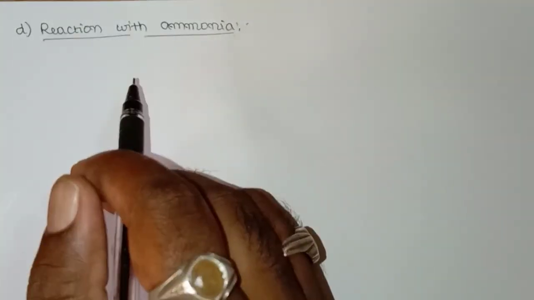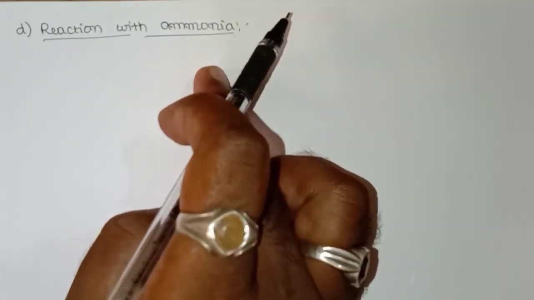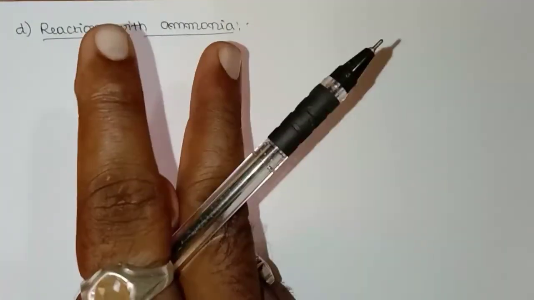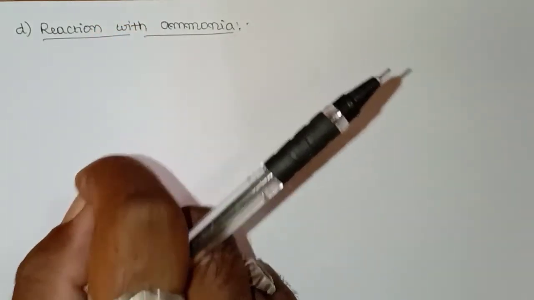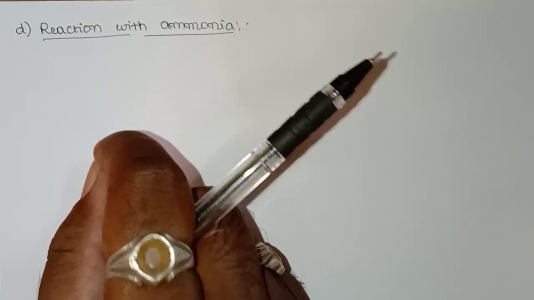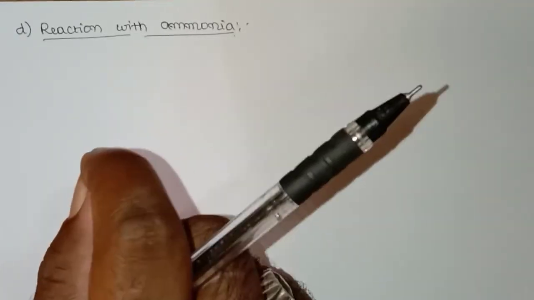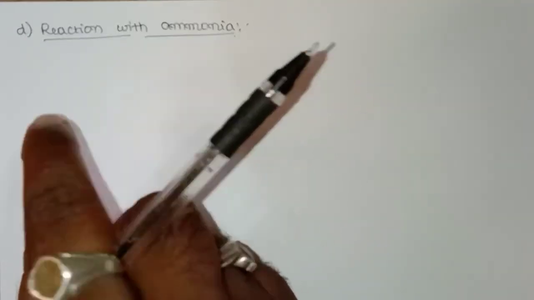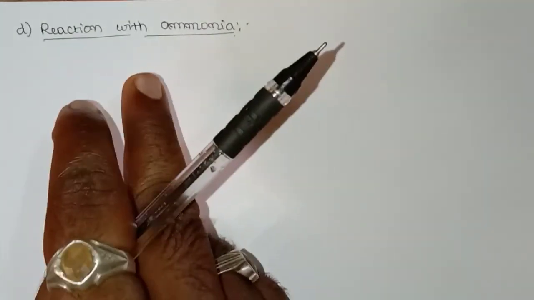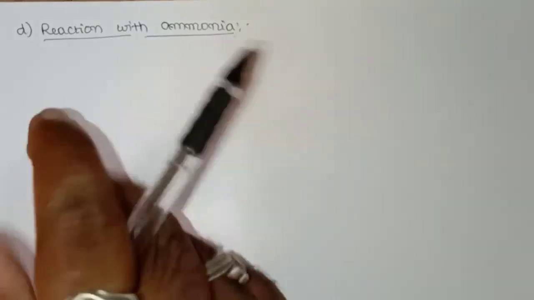So we get a point that this reaction is given by those two amino acids which are acidic amino acids, that means which have a carboxylic group in their side chain, that means aspartic acid and glutamic acid. These two amino acids will give this reaction.